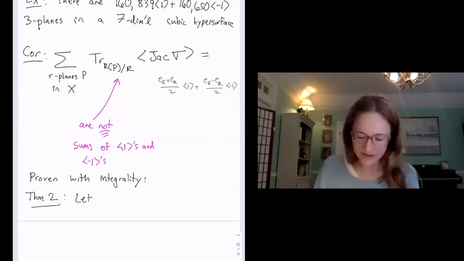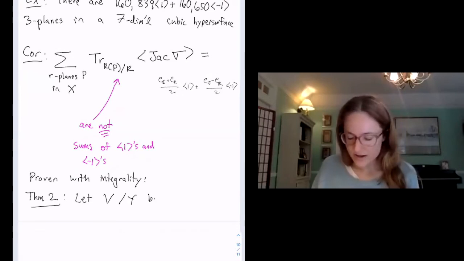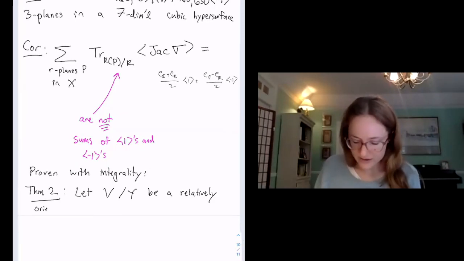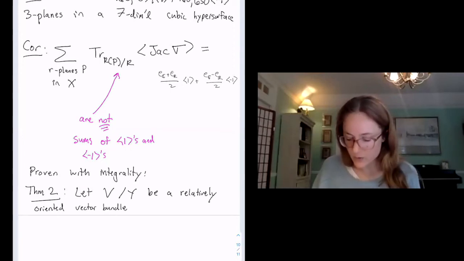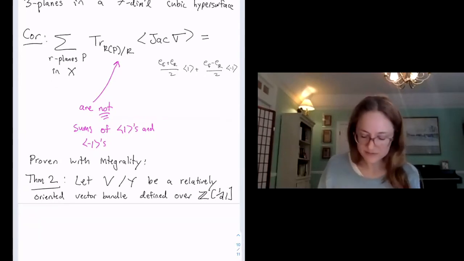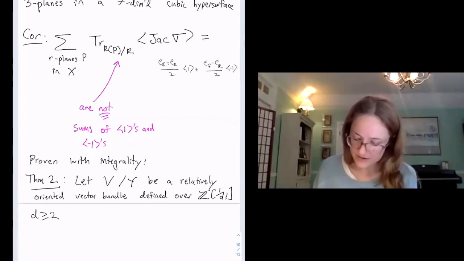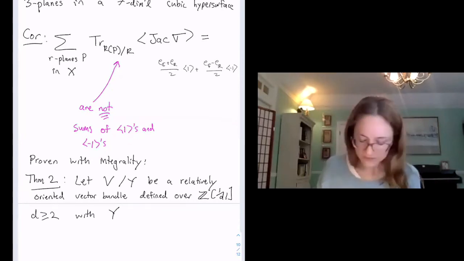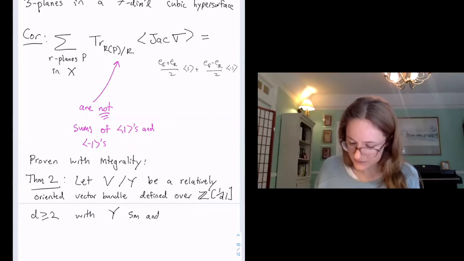So let V over Y be a relatively oriented vector bundle, with V and Y defined over Z adjoin 1 over d factorial, and d is greater than or equal to 2, with Y smooth and proper, and of dimension n, smooth and proper over the same base.